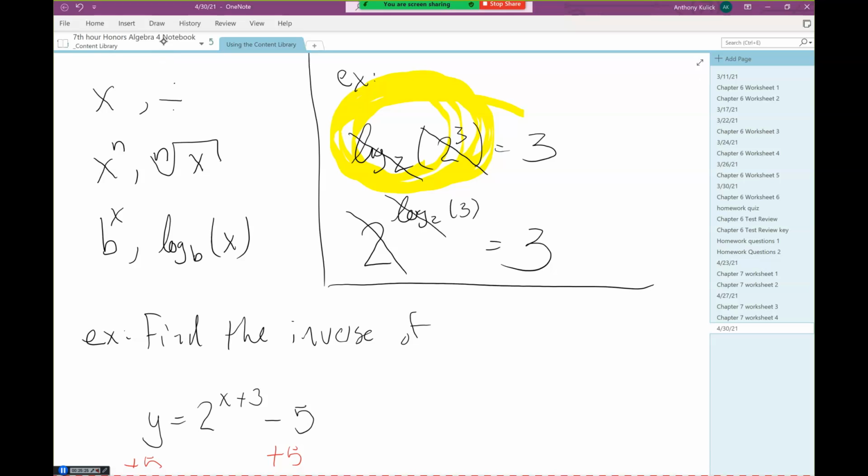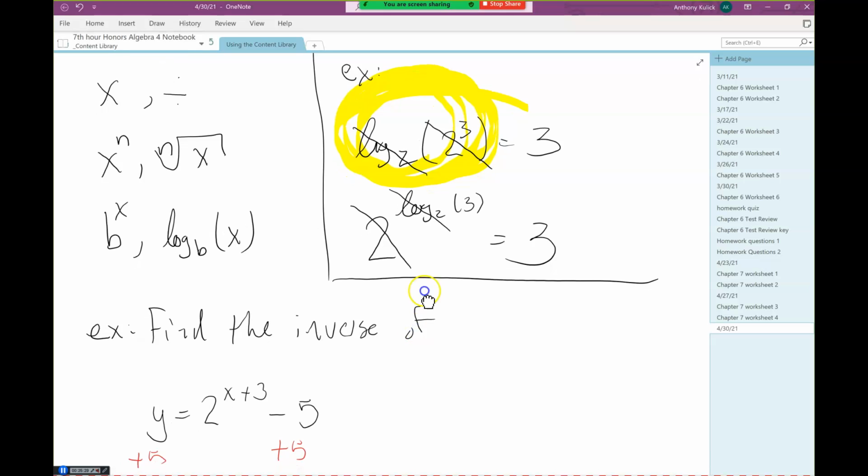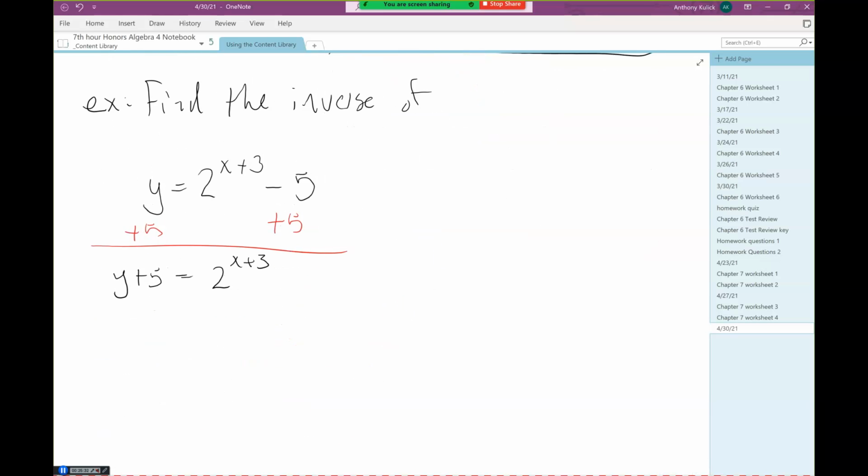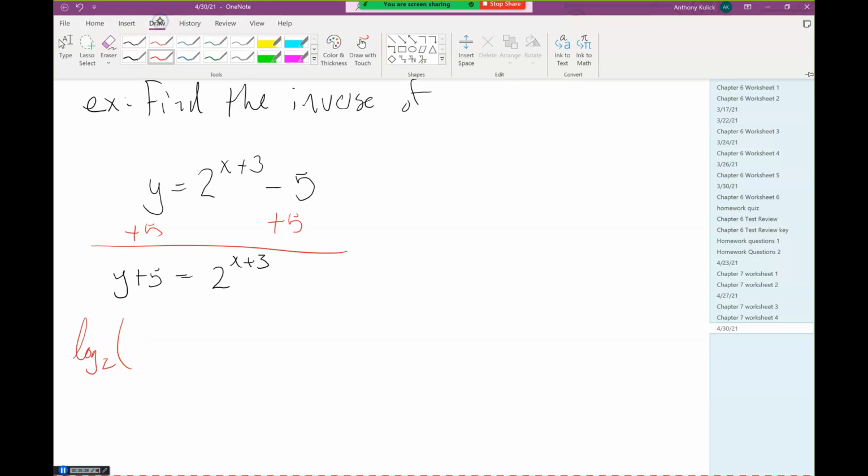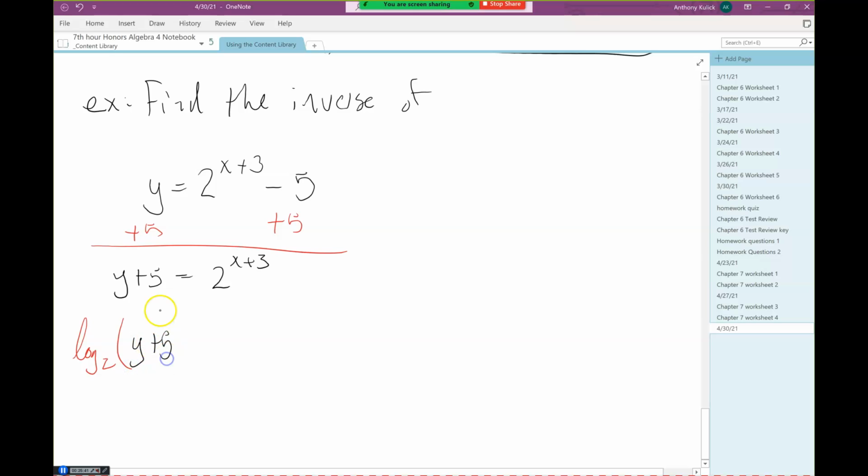The same logarithm, or the log with the same base as my exponential. So in this case, I would do log base 2 to both sides. Everybody okay to hear?